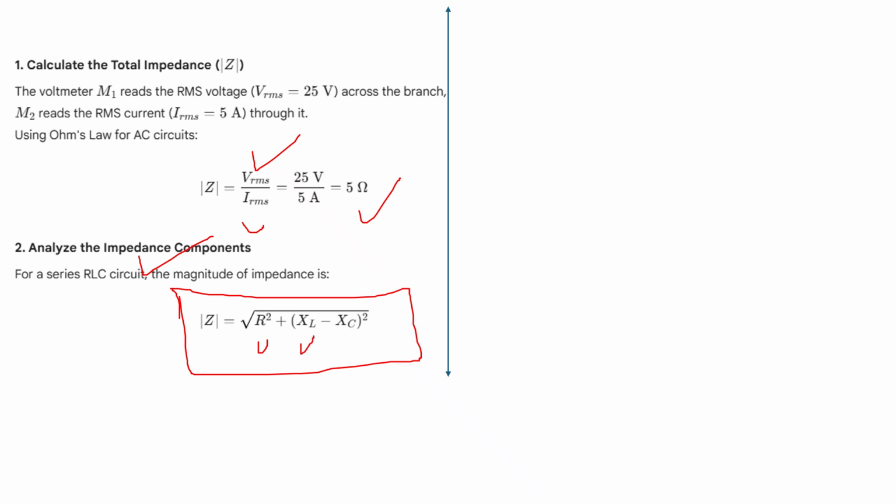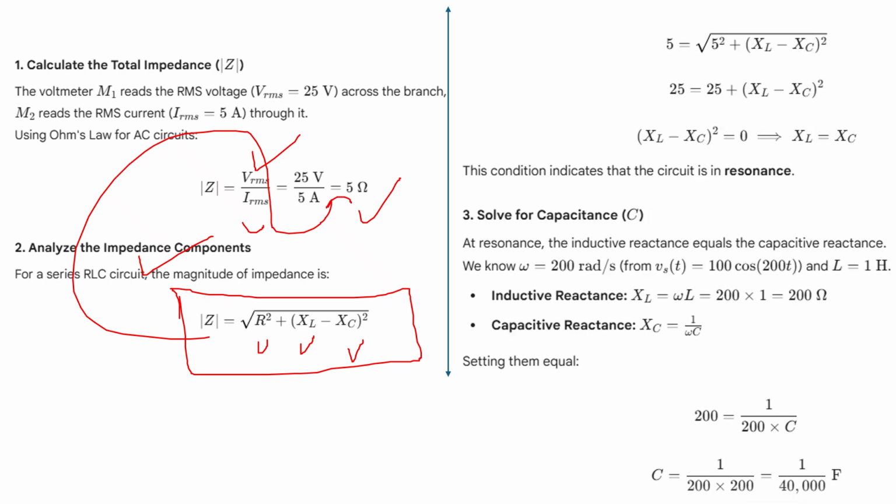XL you can find as omega L, XC as 1 by omega C. Put all these values, and Z we already got, that is 5. So 25 will cancel out, and you will get XL minus XC whole square equal to 0. So XL is equal to XC. Now XL is omega L, which is 200, and XC is 1 by omega C.